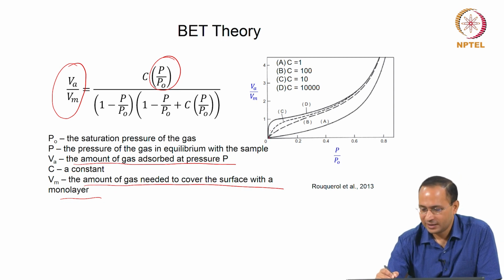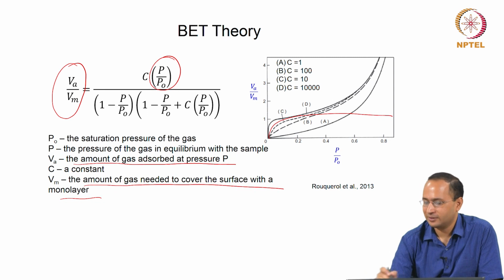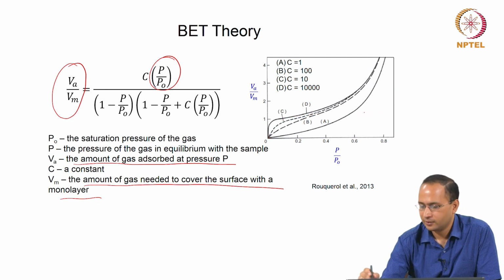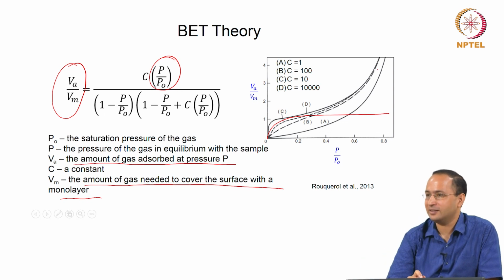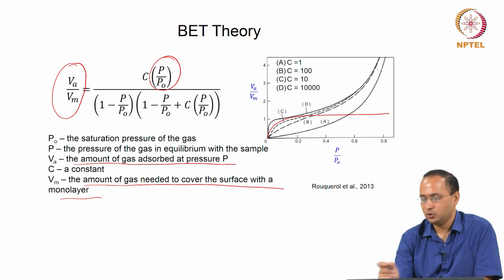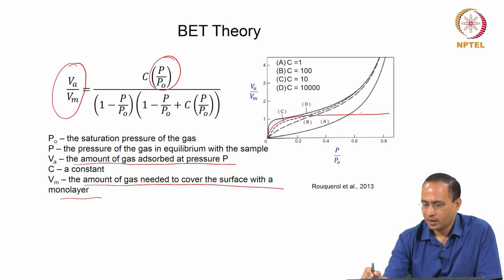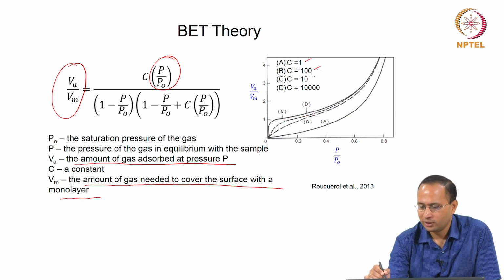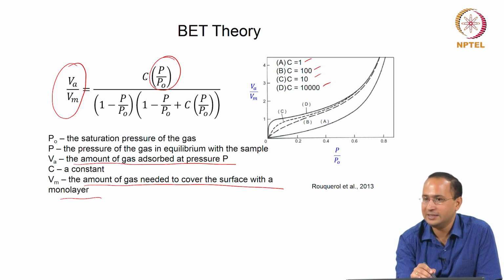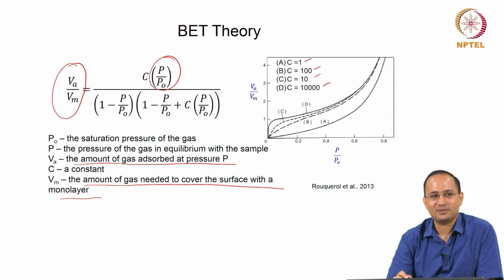Langmuir would give something like this, but could not explain these isotherms which we see. So, anyway, they came up with this. Depending on the constant C, you can get different shapes.